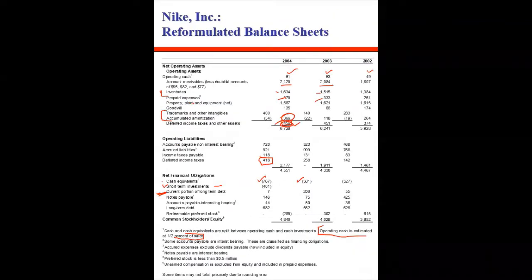Okay. So it has been mentioned that notes payable are interest bearing. So what can we do? We can take it to the financial obligations instead of taking it to operating liabilities. So here it is notes payable, assuming that it is interest bearing.